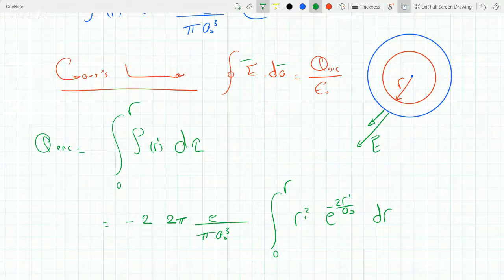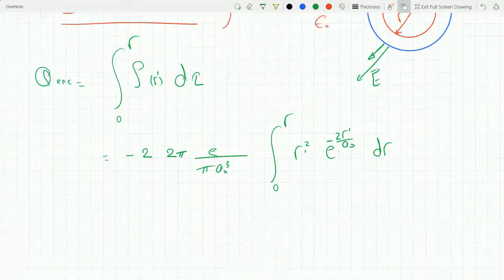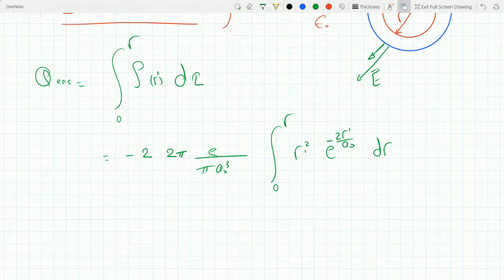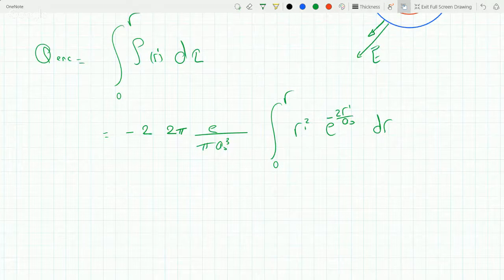In fact, I just did this integral not so long ago, except I did it to infinity, and this time I'm doing it from 0 to R. It's the same exact answer we got before, except we're not going to evaluate the limit.